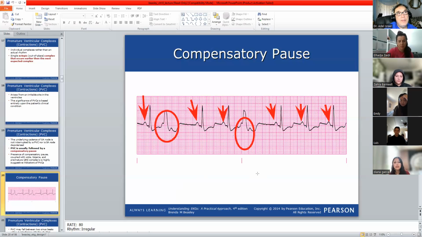And what is the other word I taught you today? Wide and bizarre. What we mean by the word bizarre, as you see, guys, is this. It is notched, you see this notch? So wide and bizarre, it is wide. The tip is not sharp like this one.